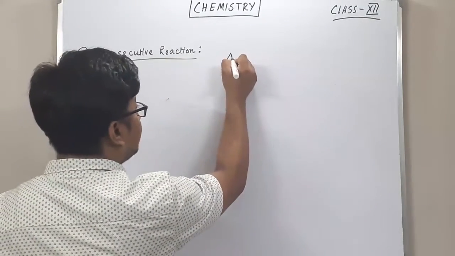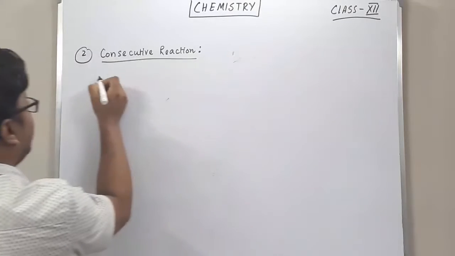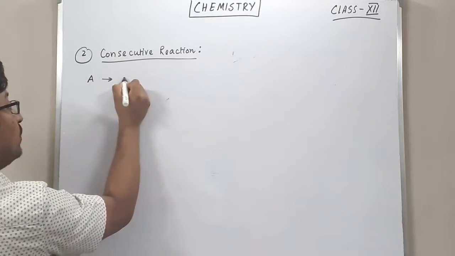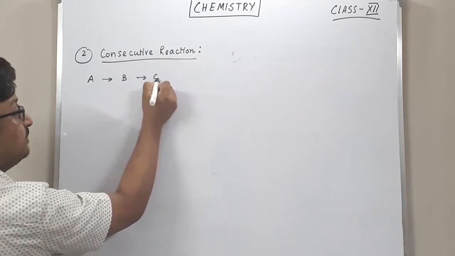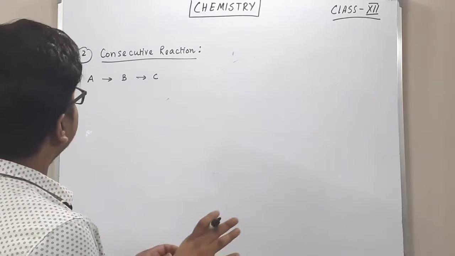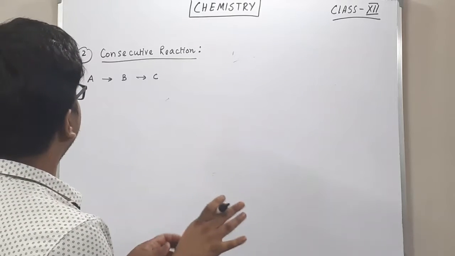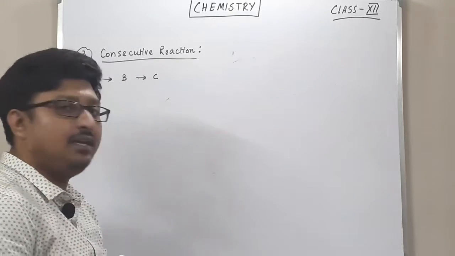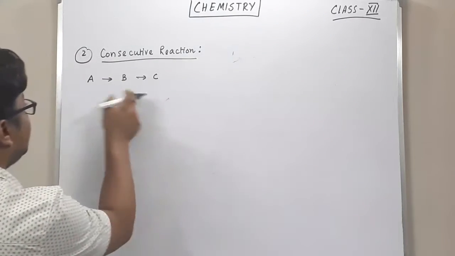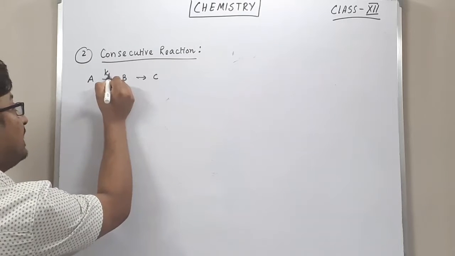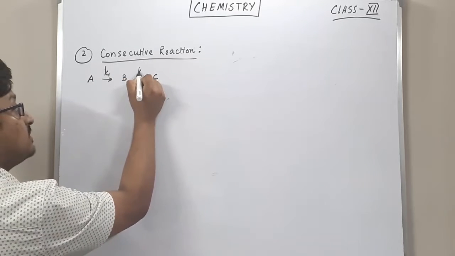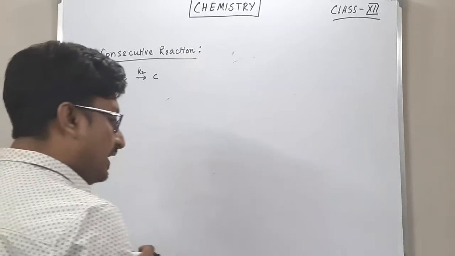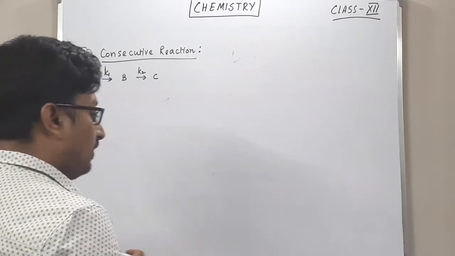So we can say, as an example, A to B to C. Now we can think in this way that the conversion from A to C is going via an intermediate B. Now these two reactions have rate constants K1 and K2.